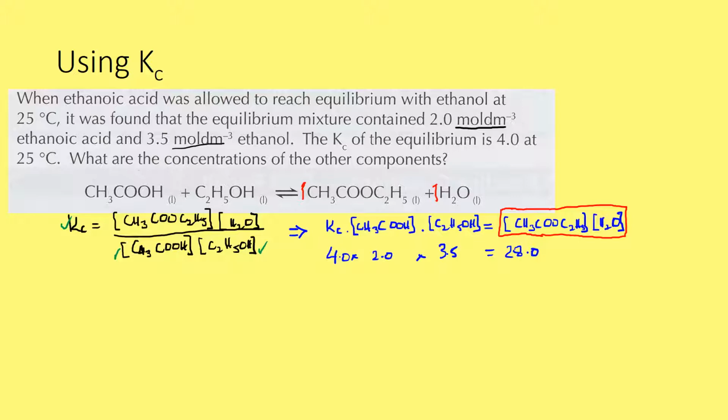And so what we can then do is write down the fact that the concentration of the ester, CH3COOC2H5, is going to be the same as the concentration of the water, and they're both going to be equal to the square root of 28.0, which happens to be 5.3. And it's a concentration, so it's moles per dm cubed.